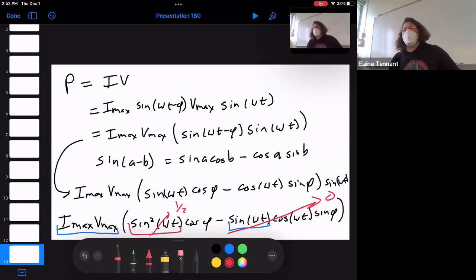Looking at this cosine of phi, is that a constant or a variable? And you're going to answer that by telling me the phase angle, is that a constant or a variable? Constant, right?